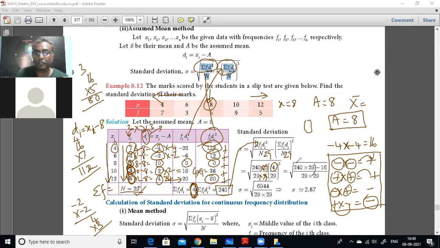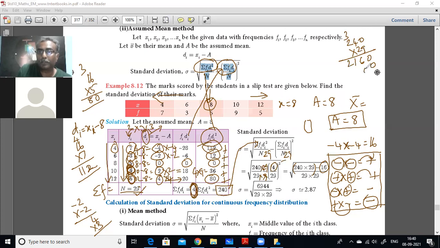So 240 into 29 minus 4 into 4, how much? 16. So 240 into 29 minus 16, over 29 into 29. 240 into 29: 9 zeros are 0, 9 fours are 36, 9 twos are 18, plus the carried 3 is 21.